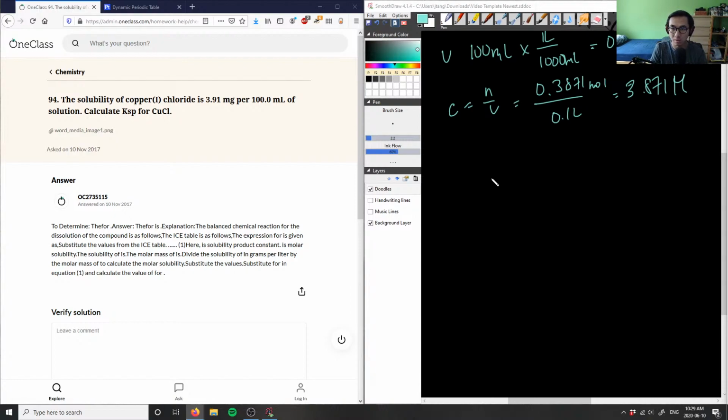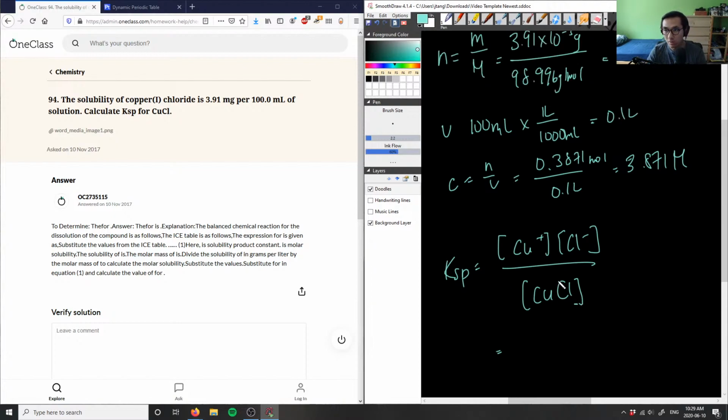So we can set up our KSP equation as KSP equals the concentration of our products divided by the concentration of our reactants. The concentration of products that we're making is Cu plus and Cl minus, and we're dividing by CuCl here.